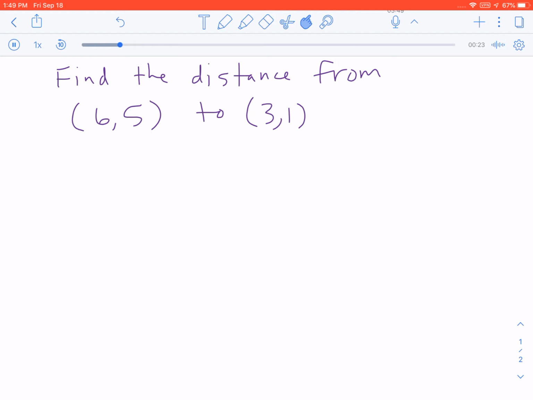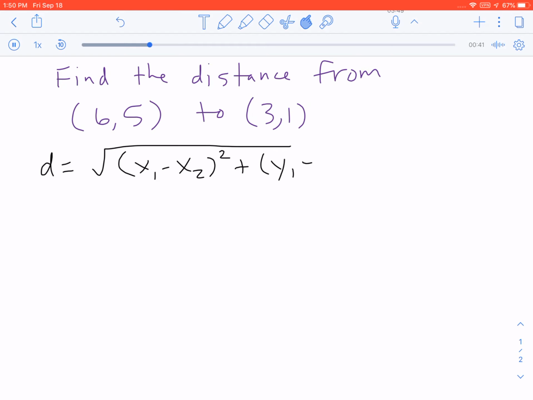The first thing that I'm going to do, and I think is a good idea for all of these, is to just get used to writing the equation. Now, I also want to mention that the x1s and y1s and the x2s and y2s are interchangeable as long as you do the same thing throughout.